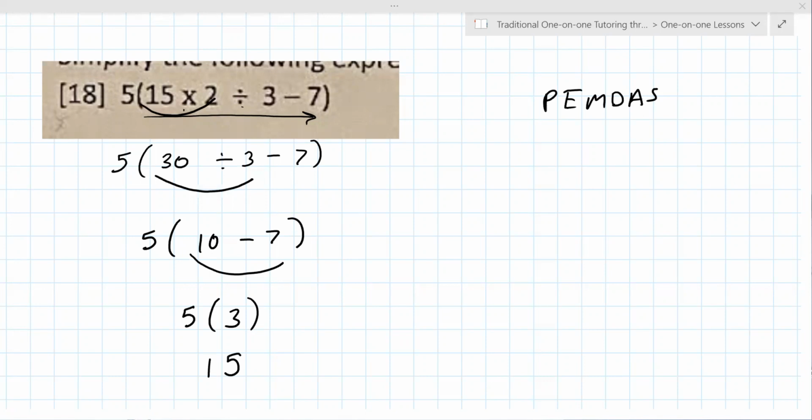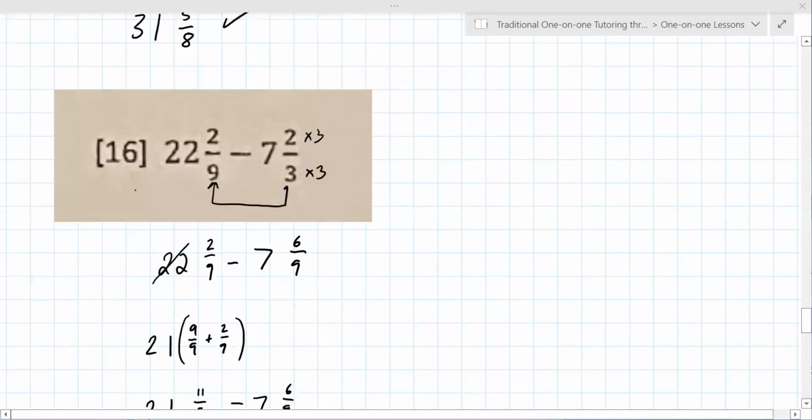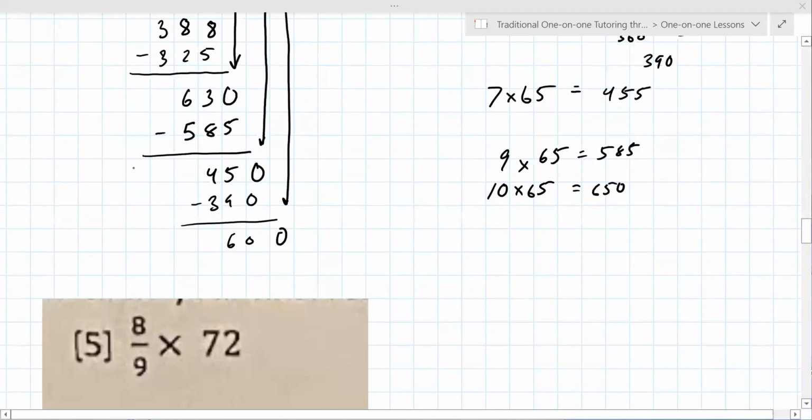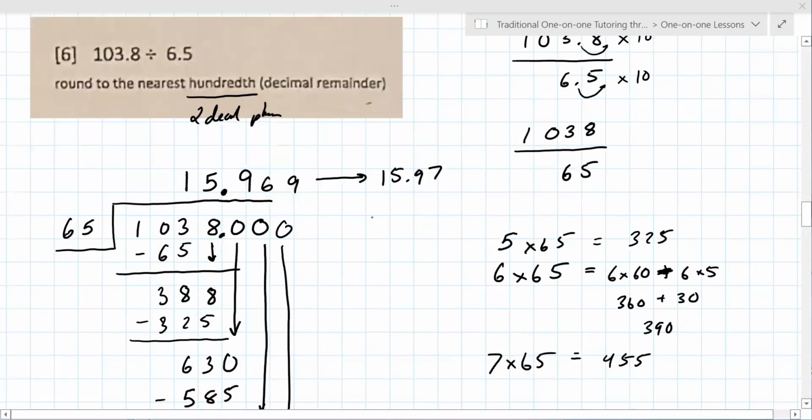Oh, good. Right, for number 6, I can't find the answer. I don't know if I circled the answer or not. I don't know if we did number 6. There it is.